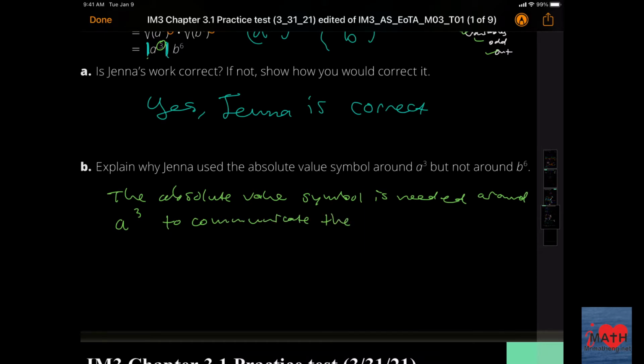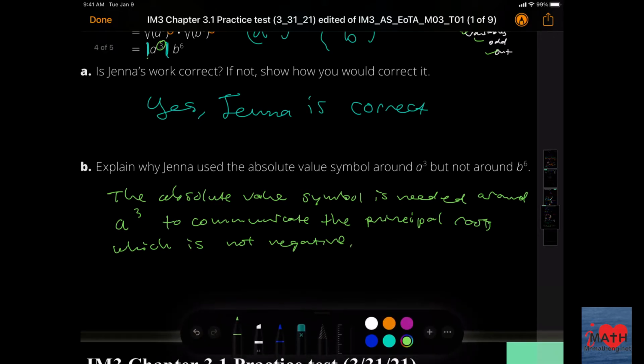Basically it just means the most basic one, which is another way of saying which is not negative, or non-negative number. Let me choose a different color.